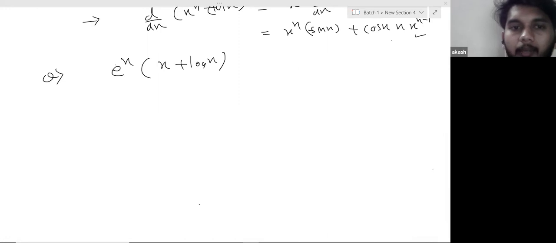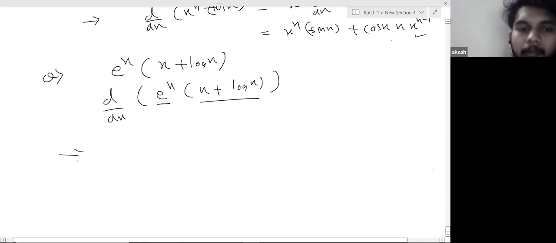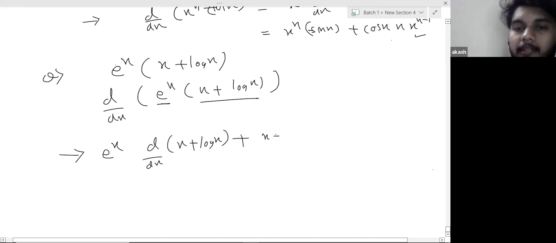Let's solve this. Abdul, how to solve this one? Differentiation of e raised to the power x into x plus log x. So if this is the first function, this is the second function, what we can write is first function into differentiation of second function, plus second function into differentiation of first function.